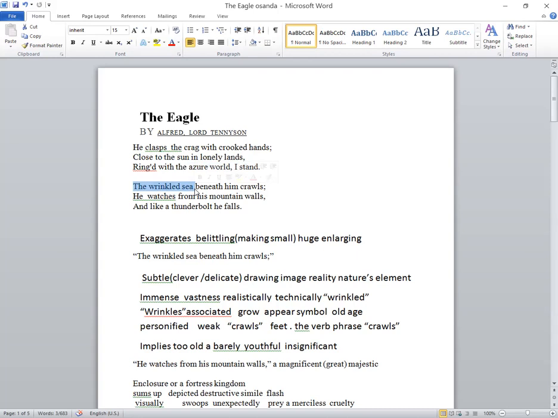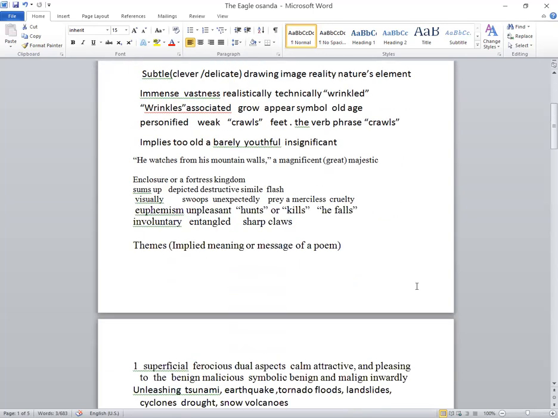Sometimes you can see the sea with waves or ripples. Wrinkles also refer to ripples or sea waves. They are the mental pictures. Now I think you have some idea about imagery.